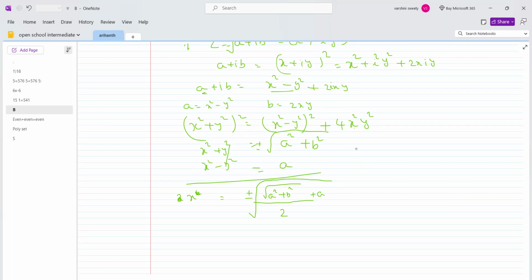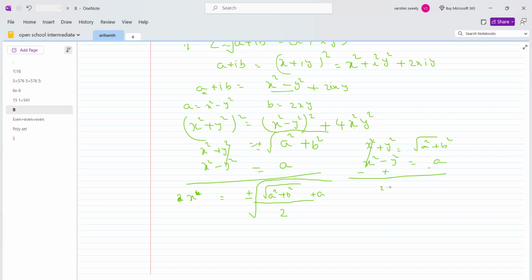Suppose I want to find the y value, I take the same equations and subtract. I am subtracting both the equations, so I need to change the signs.